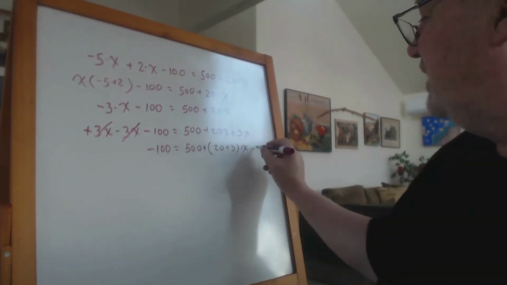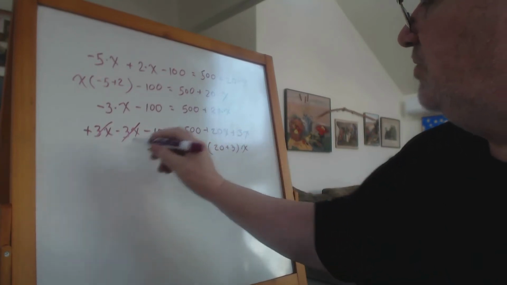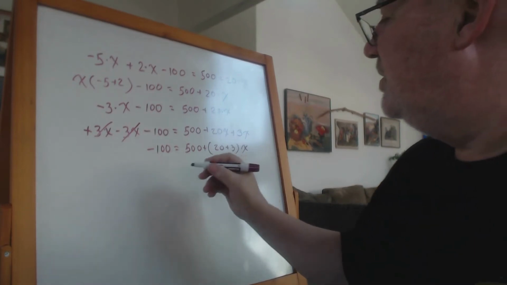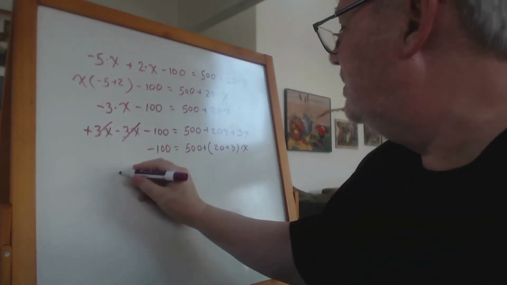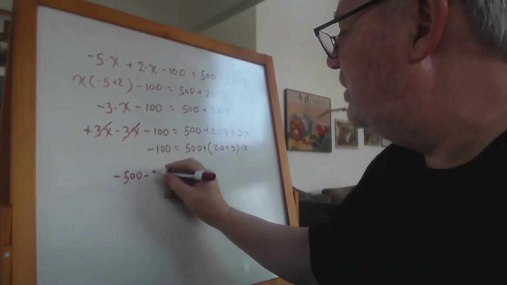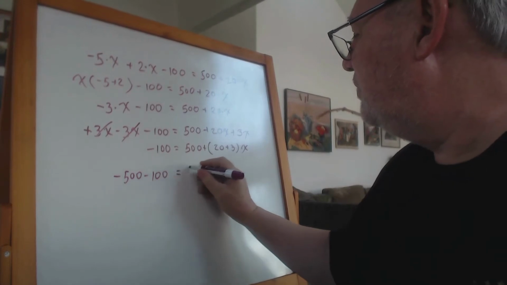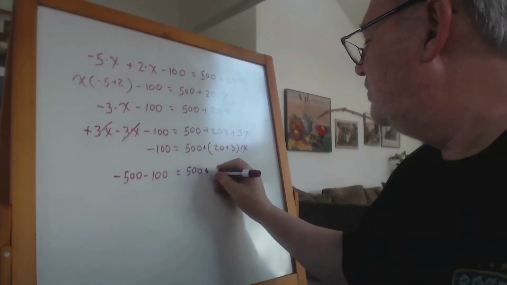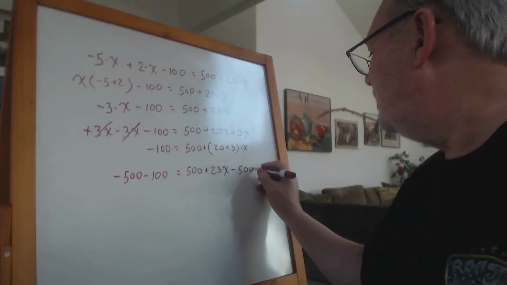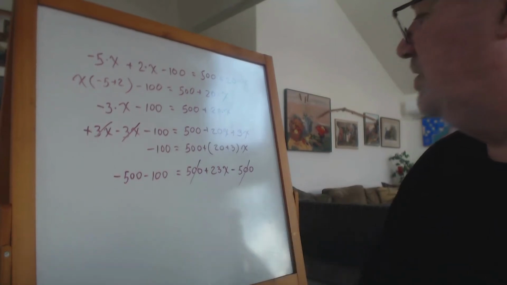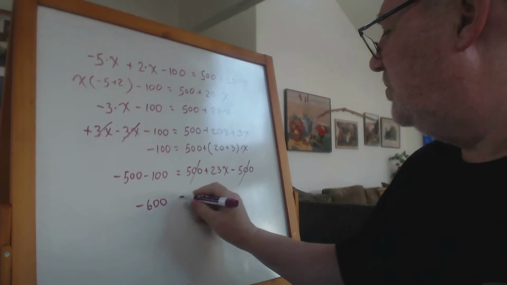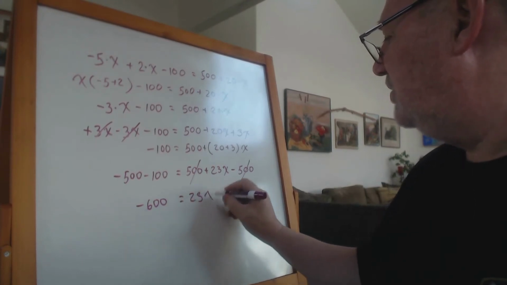And we can subtract 500 from this side and from that side to isolate the 500. So here we've got minus 500 minus 100 equals 500 plus 23x minus 500. So that cancels. That is minus 600 equals 23x.